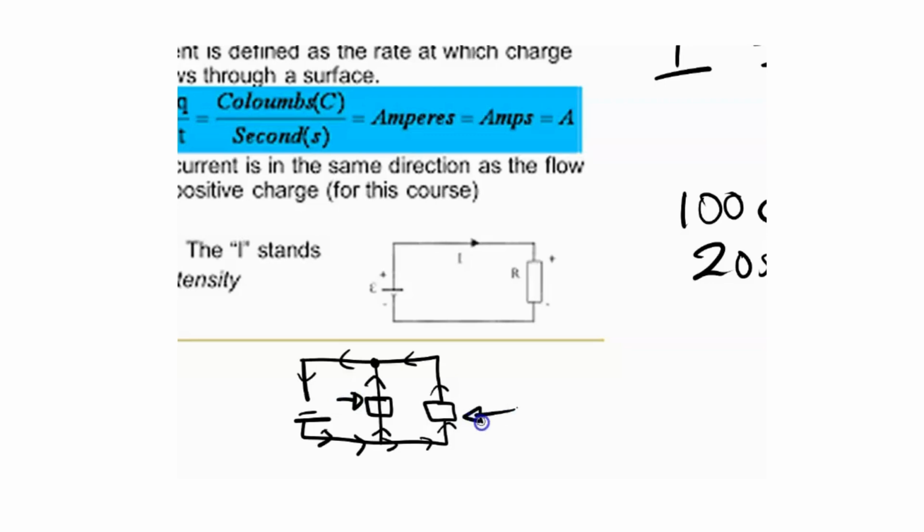Why? Because if the resistor here is 5 and here it's 3, the resistor with the lowest resistance will allow more current to move, because remember that current is inversely proportional to the resistance. The higher the resistance, the lower the current. Current is inversely proportional to the resistance.